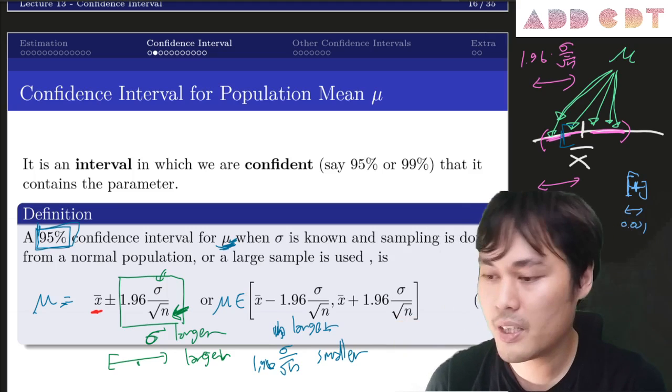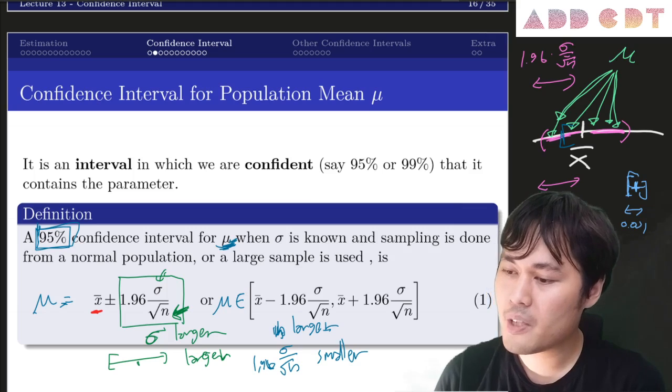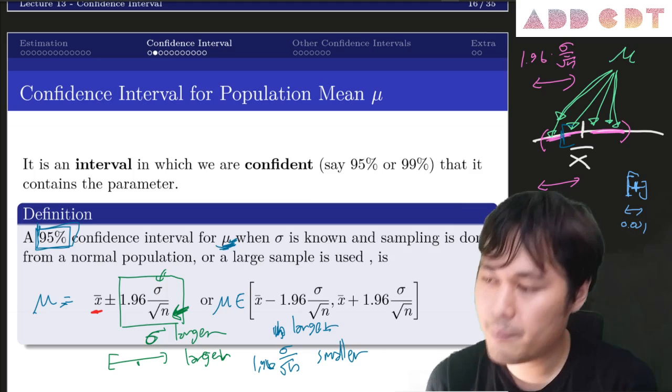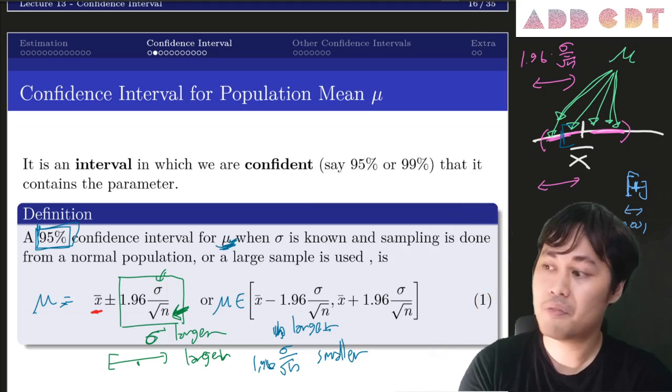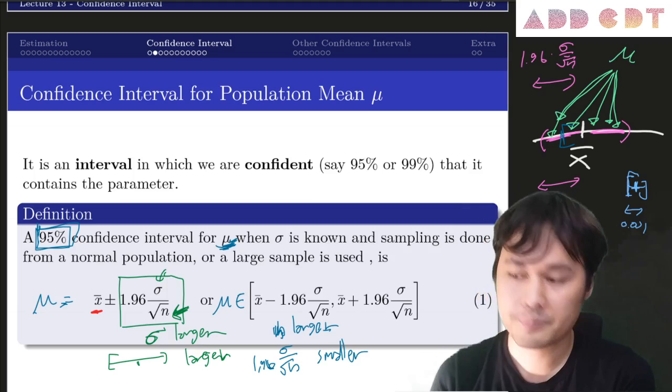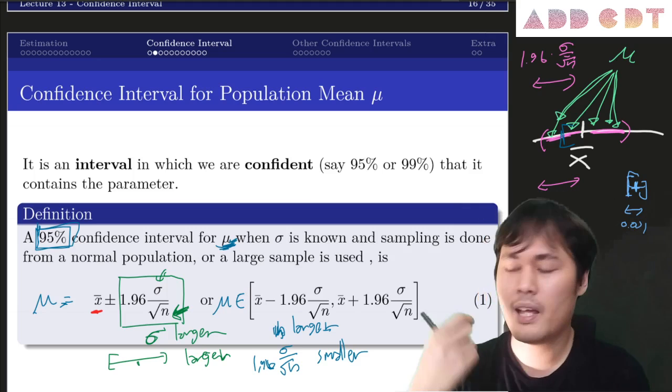So that's a good thing, which means we should get a large sample size. Then we should increase n if we want to get a better estimate.